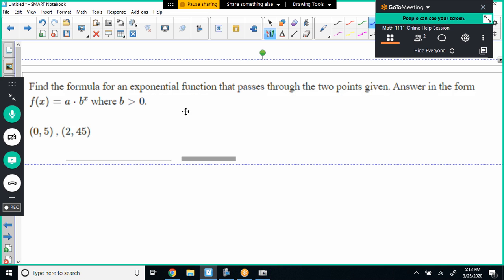Now we've got to do y equals a times b raised to t, right?